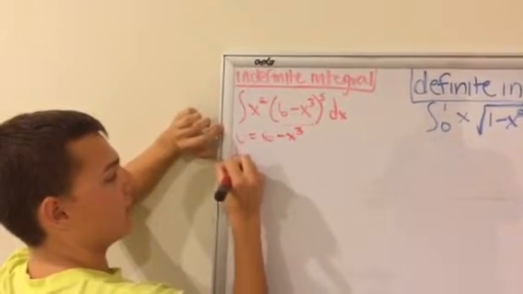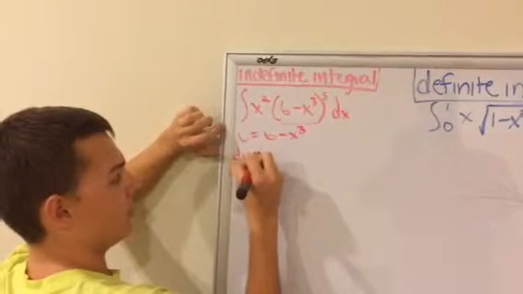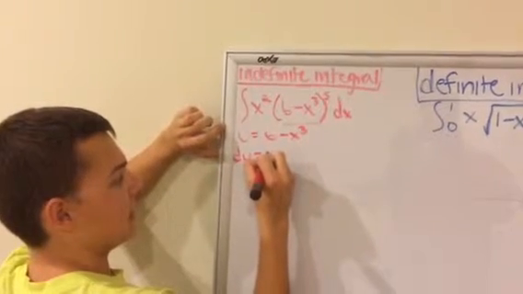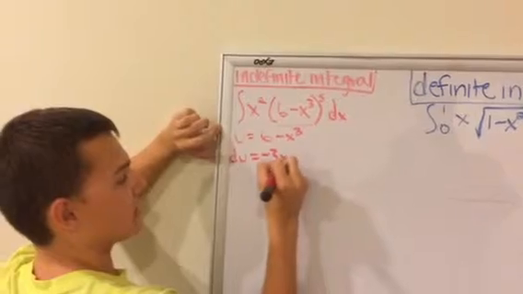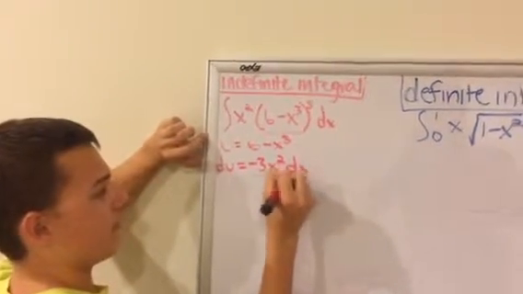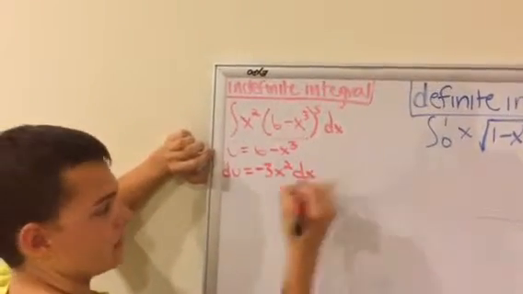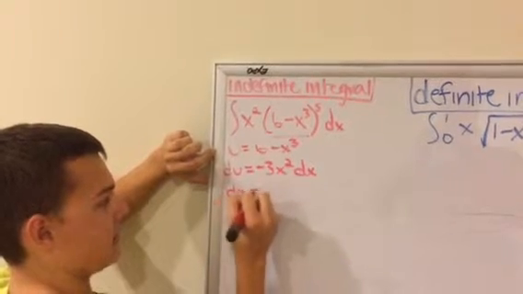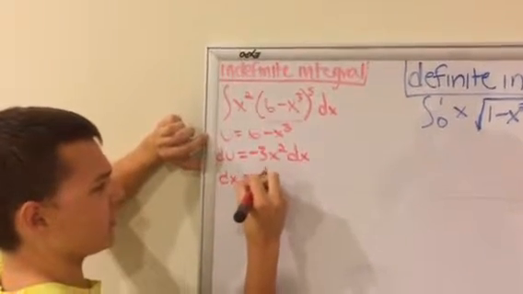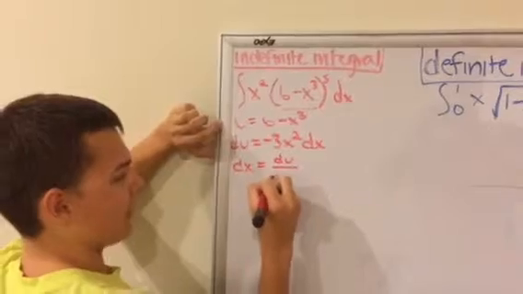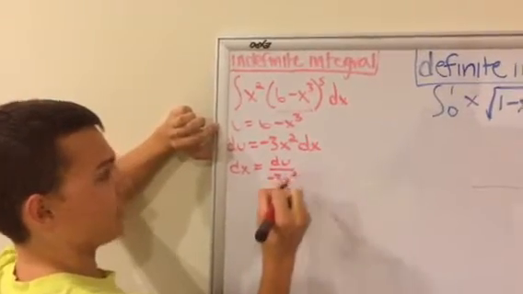Taking the derivative of this, we get du equals negative 3x squared dx. So we would solve for dx, which equals du divided by negative 3x squared.